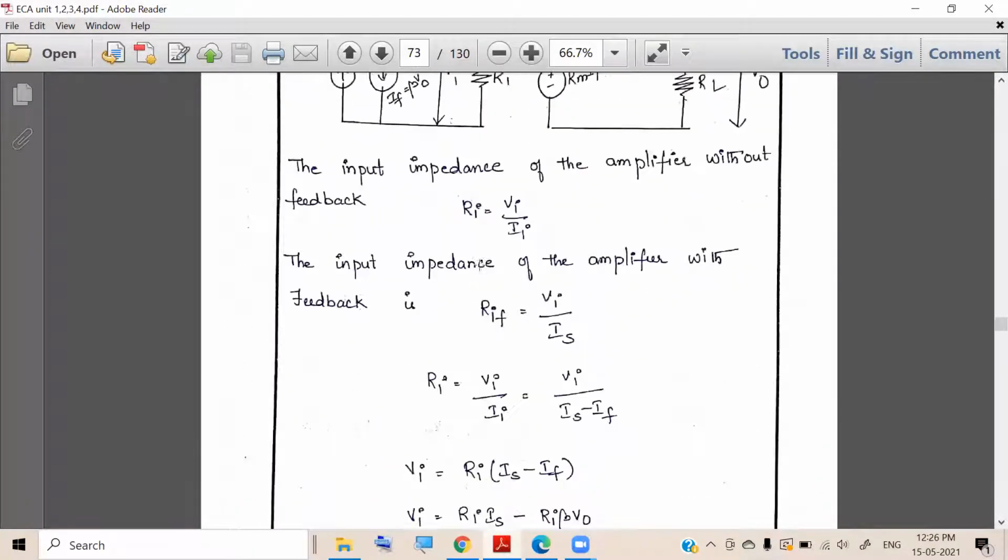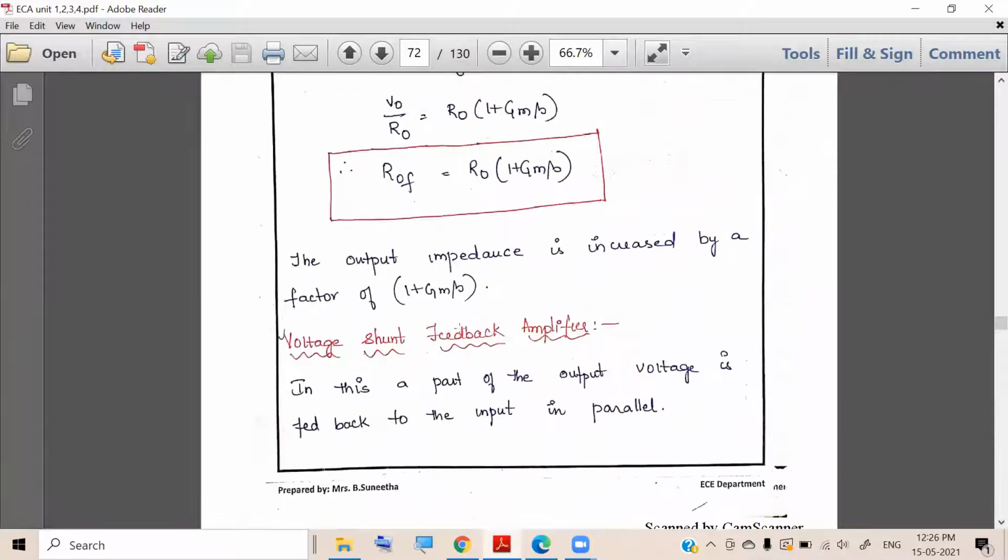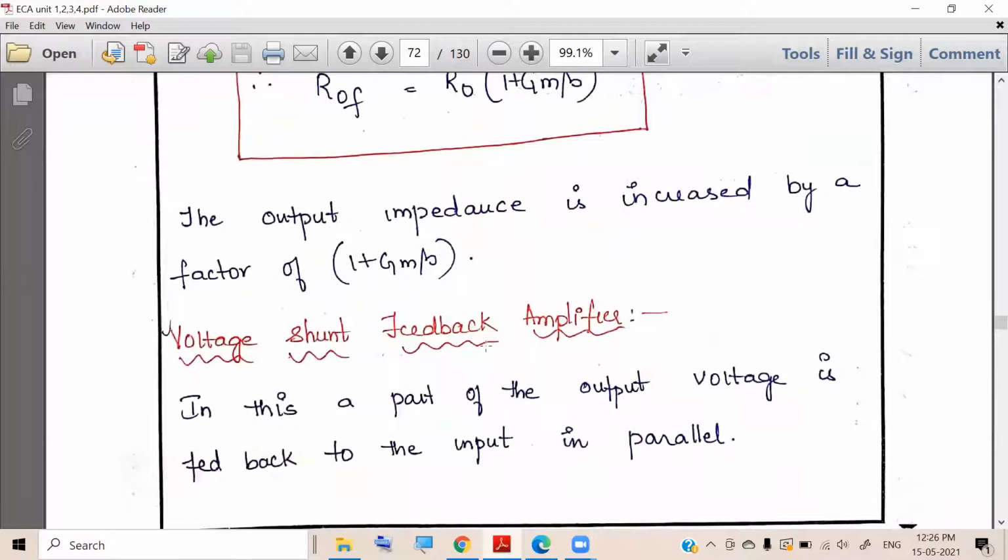So we are discussing voltage shunt feedback amplifier. What is the output here? Output is voltage. Whenever we have shunt mixing, the input or the feedback signal we represent in terms of current.